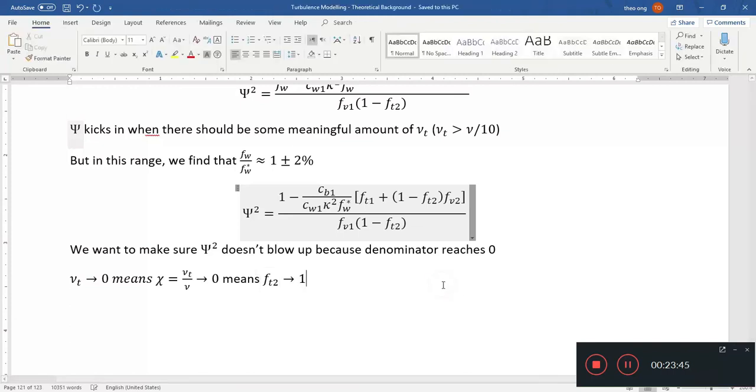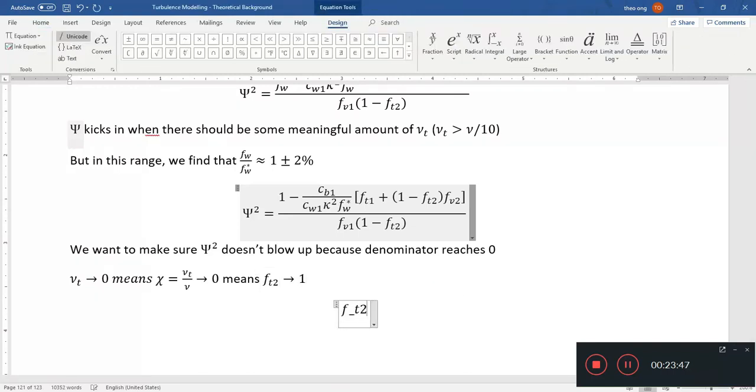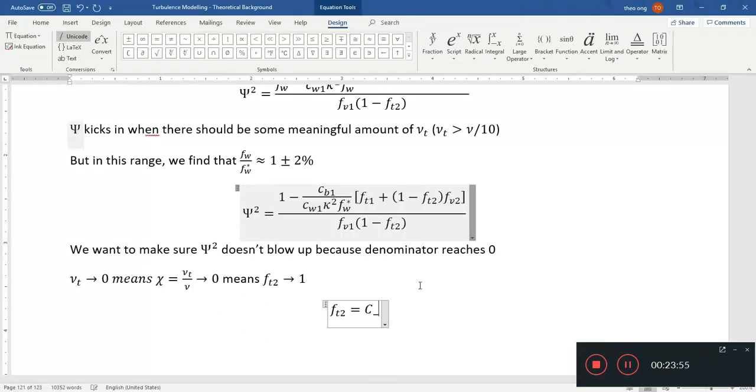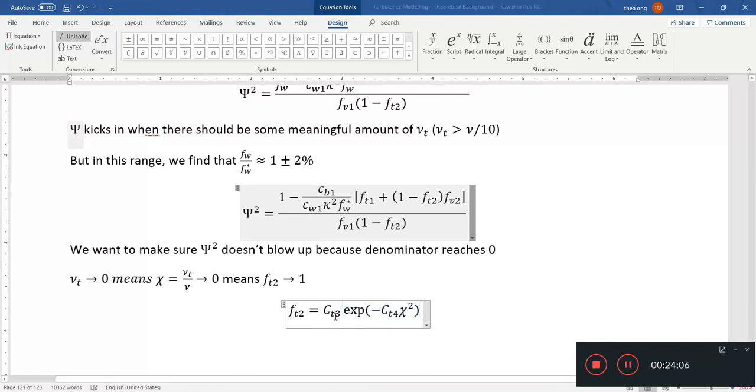Because remember what's ft2? ft2 equals some constant ct3 times exponential of minus ct4 chi square. So if this approaches 1, then this term becomes very, very small.